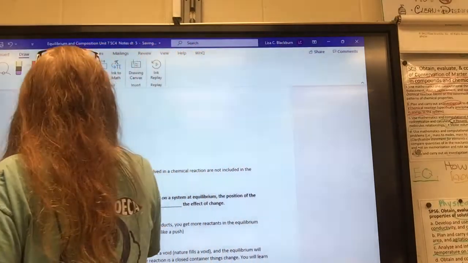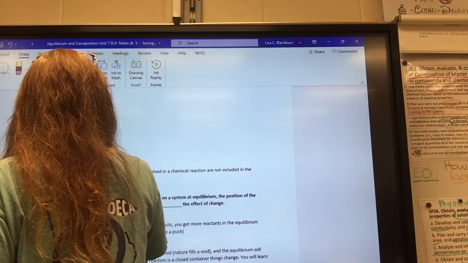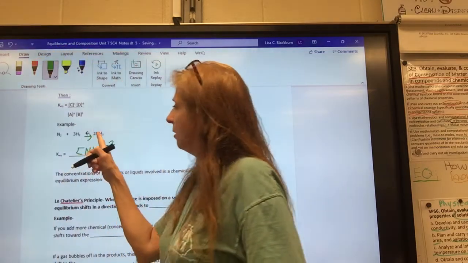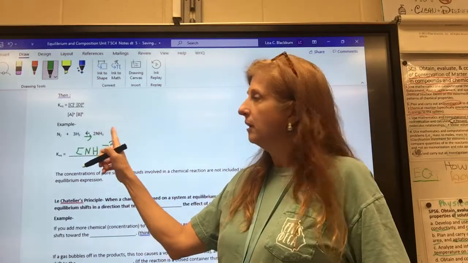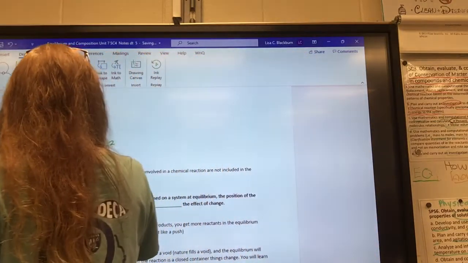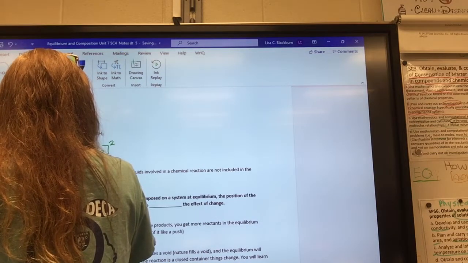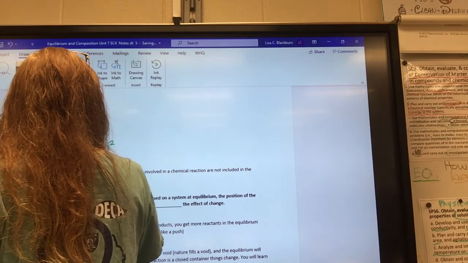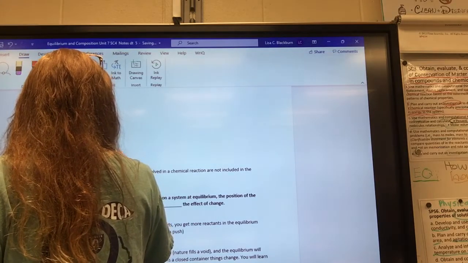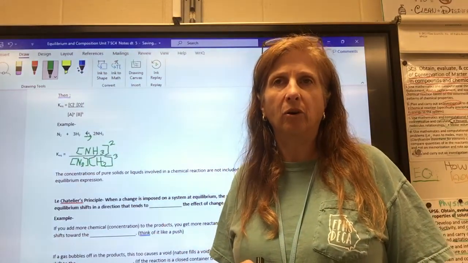So it's going to be the concentration of ammonia raised to the power of the coefficient divided by the reactants. So it's going to be the concentration of nitrogen times the concentration of hydrogen taken to the third power. And that's the KEQ. That's not so hard.